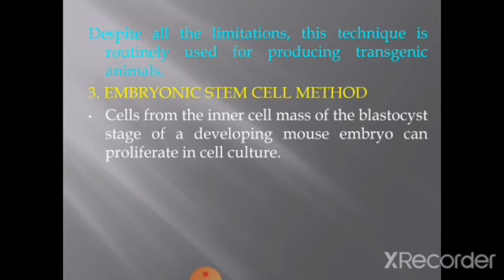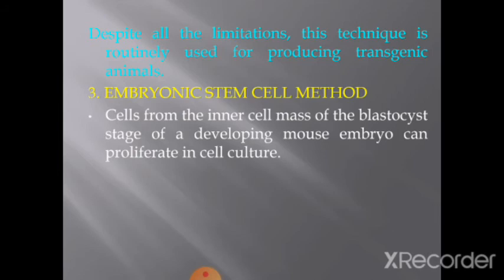I had told you that there are 3 methods, and out of 3 we had discussed 2 methods. One is the retroviral vector method and the other one is the microinjection method.